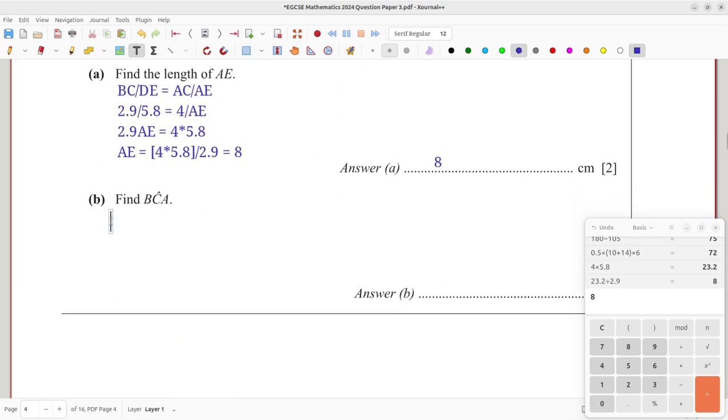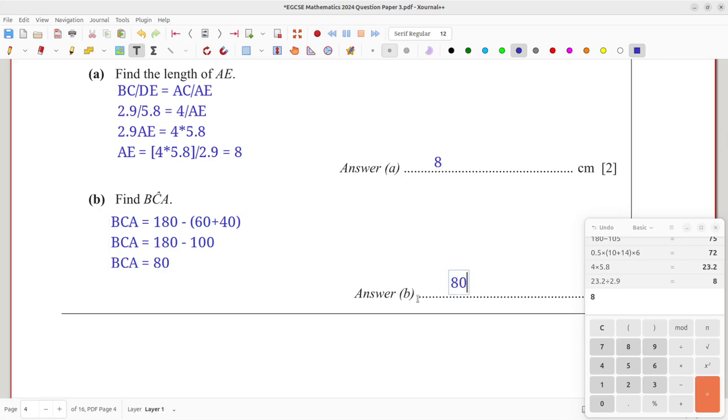BCA is equal to 180 degrees minus 100, so BCA is equal to 80 degrees.